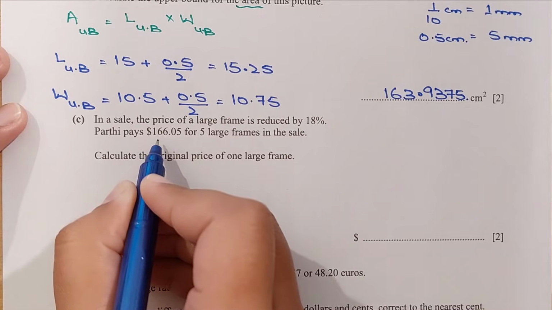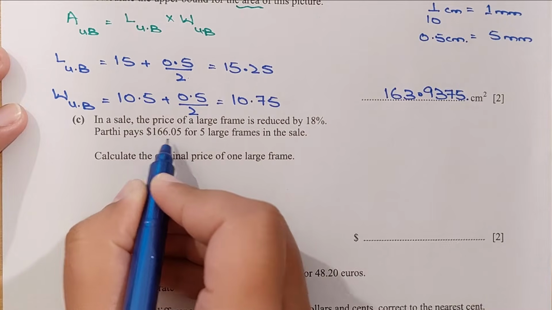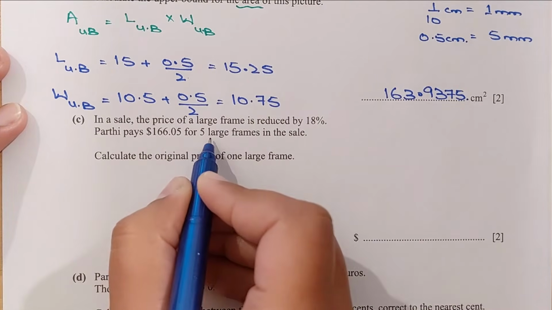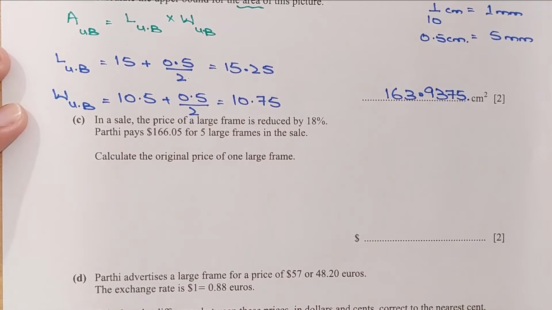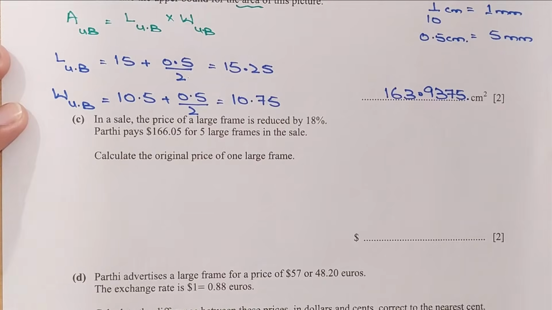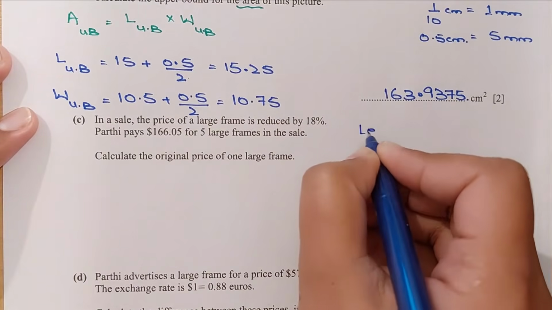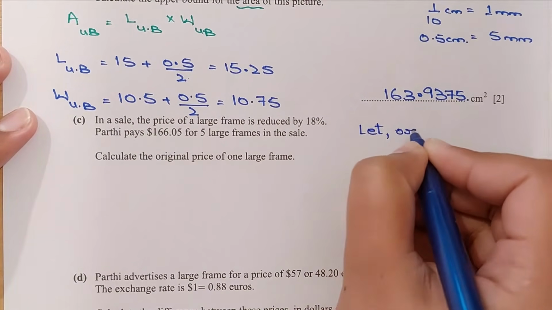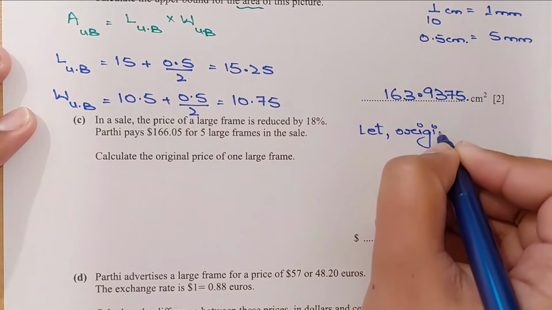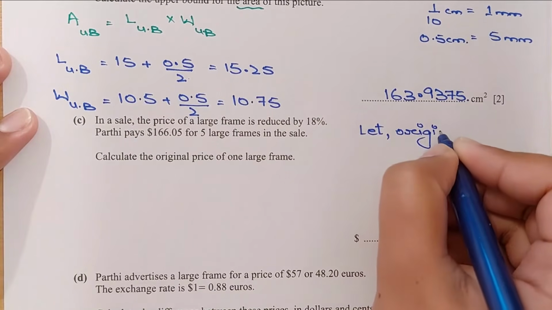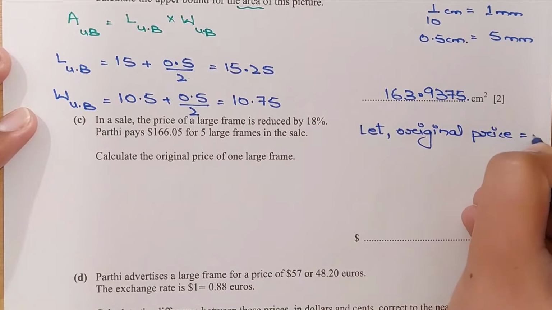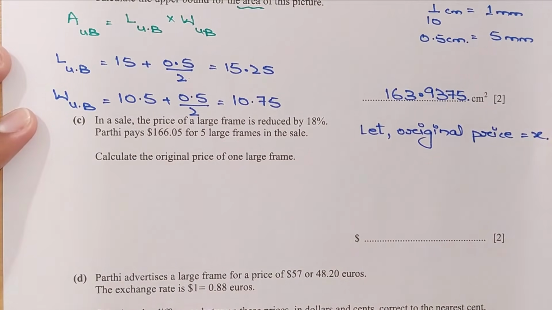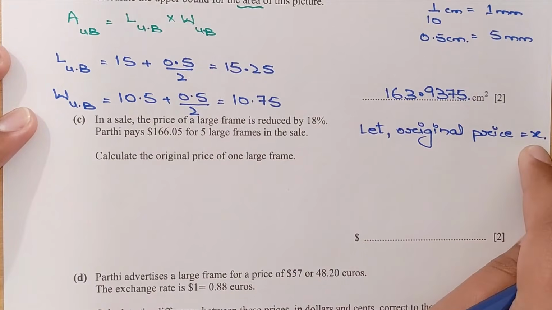Prathi pays $199.05 for 5 large frames in a sale. Calculate the original price of 1 large frame. Let the original price be x dollars.